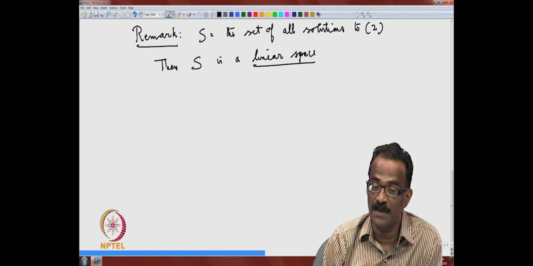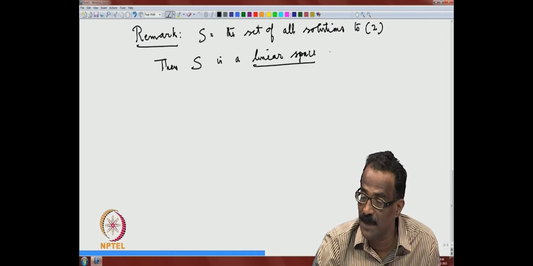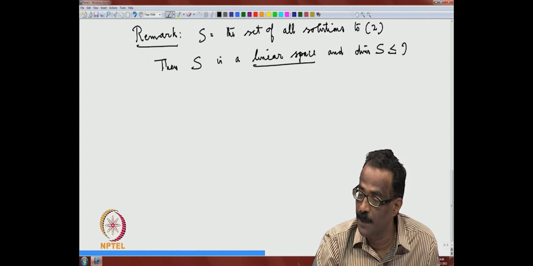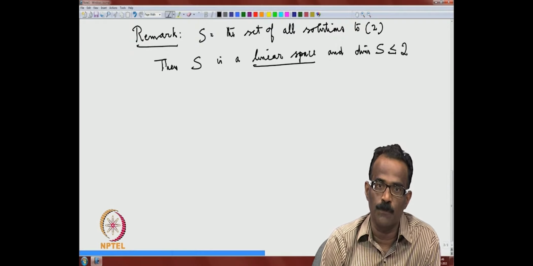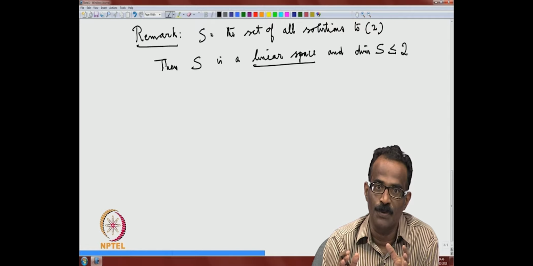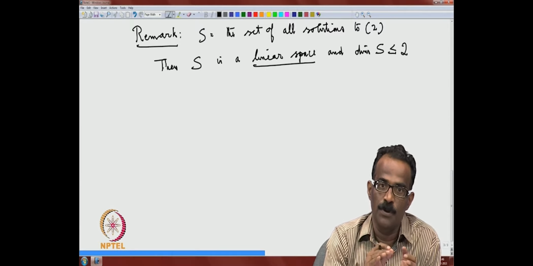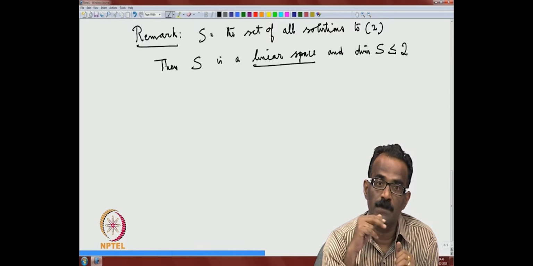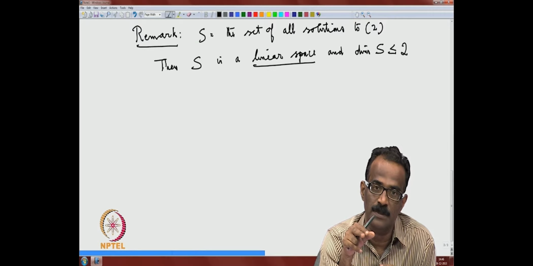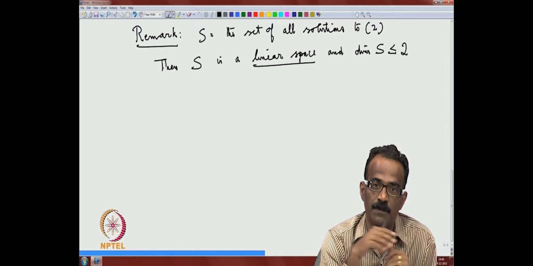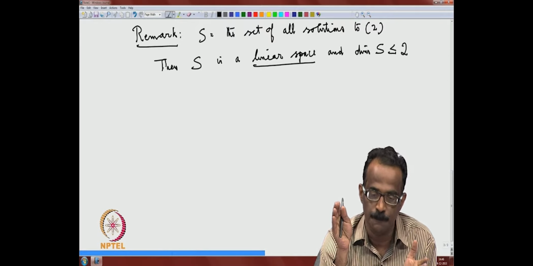And the other remarkable thing is that S is a linear space and the dimension of S is less than or equal to 2. What we are eventually after, and the proof of the theorem will show it, is that in fact the dimension of S is equal to 2. But the proposition right now only says the dimension of S is less than or equal to 2, because if you assume there are two independent solutions, then those two independent solutions are good enough to determine any other solution.